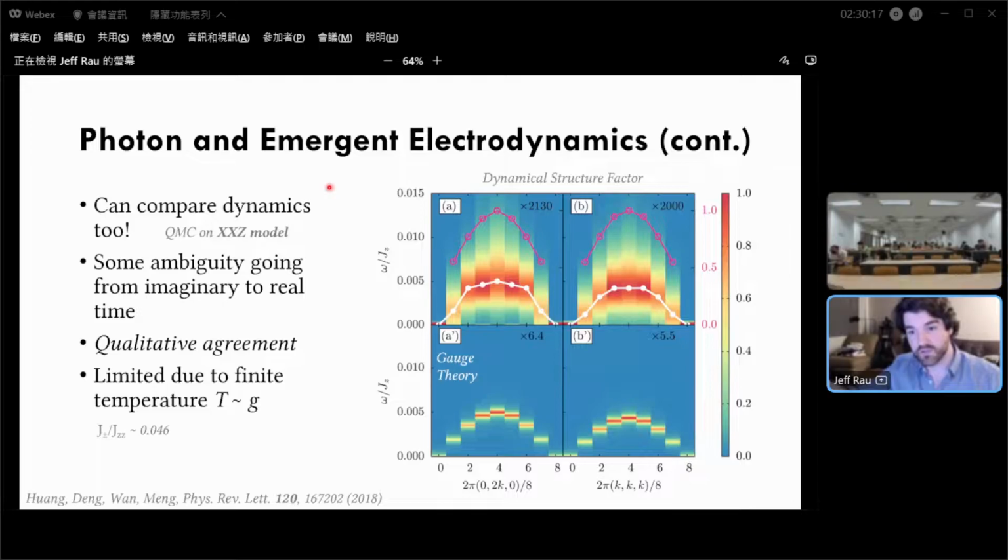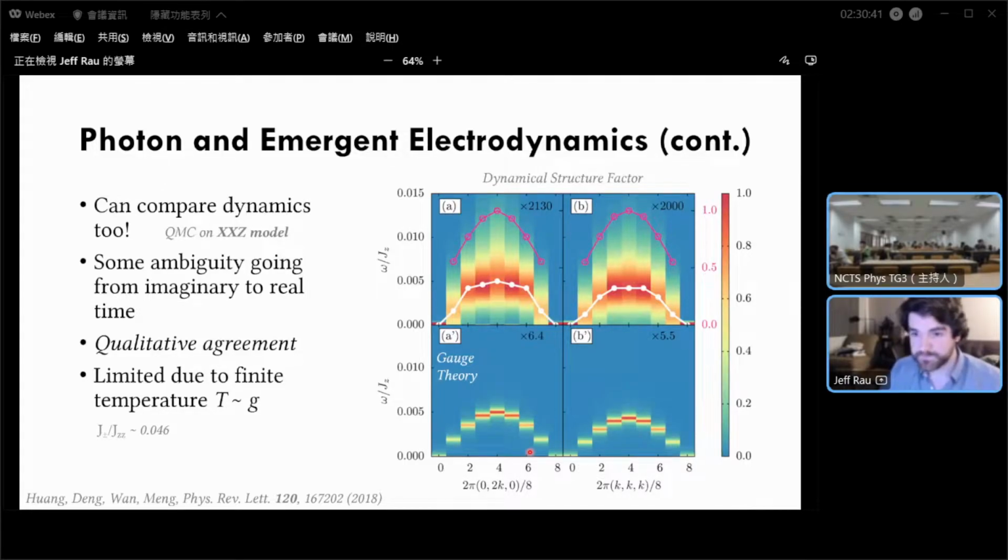And so going to lower and lower temperatures in quantum Monte Carlo gets harder and harder and harder, right? And so they were actually able only really to go to temperatures of order this photon energy scale. And so that's why you likely see all this broadening. And it doesn't look as sharp as you might expect from the analytical results. Okay, so this photon is really there. There really is an emergent electrodynamics coming out of this model.